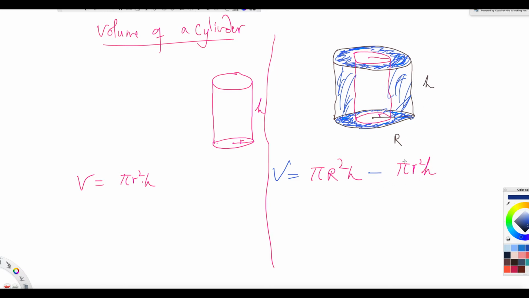Okay guys, suppose that you have a big cylinder there.